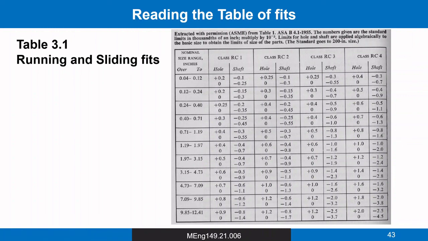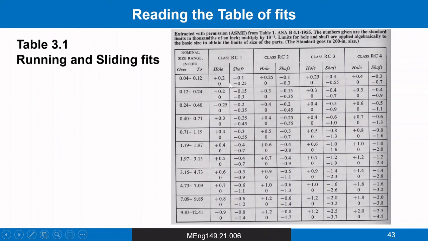Okay, then kaning RC1 ug RC2 refers to the type of clearance fit. Okay, so clearance fit, di ba, sliding, loose running nga mga fits is ma-classify. So dito sa book ninyo is naa ang RC1 ug RC2.